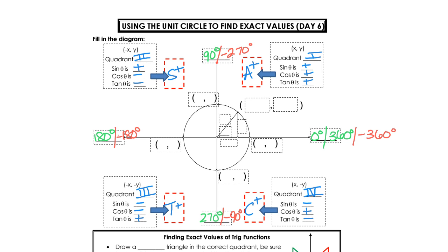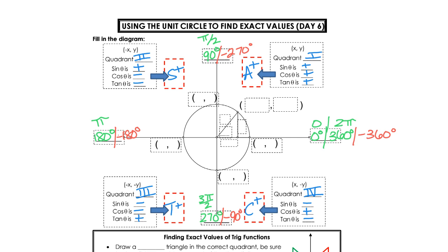Okay. We'll go around with radians as well. So remember that this would be 0 radians. That 180 degrees is pi radians. That 90 degrees up here is pi over 2 radians, and that 270 is 3 pi over 2 radians. Oops, I forgot 360 is 2 pi radians.